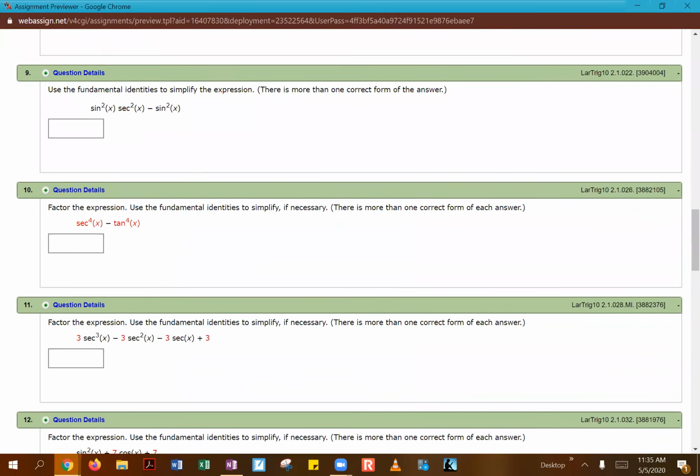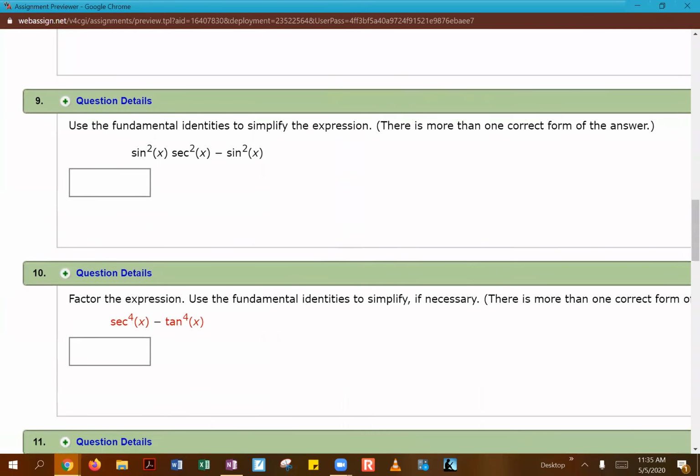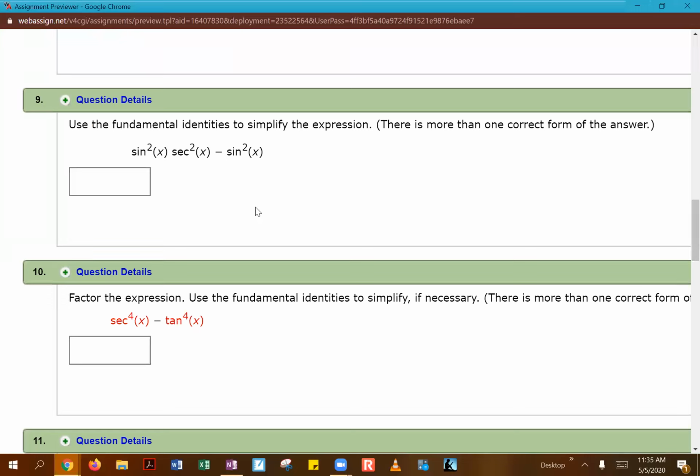It doesn't look like they have a whole bunch on the verifying part, but let's look at something like number 9 over here. This one is saying use the fundamental identities to simplify the expression. So where can we start with this? We could probably start off by turning secant into 1 over cosine squared.